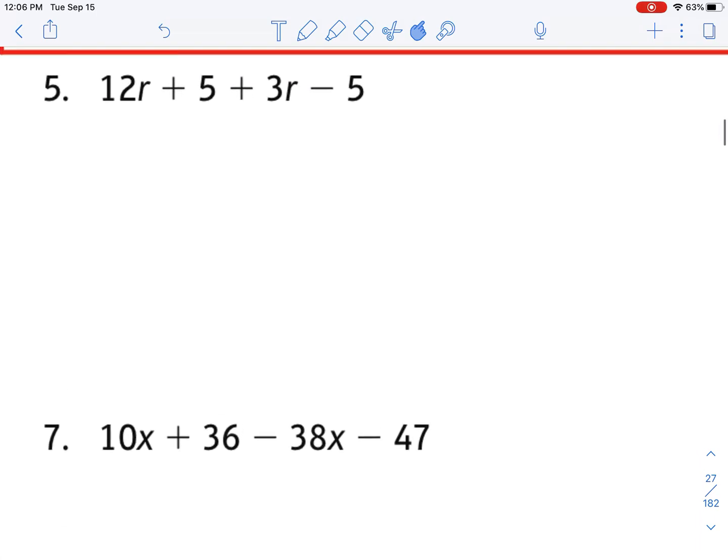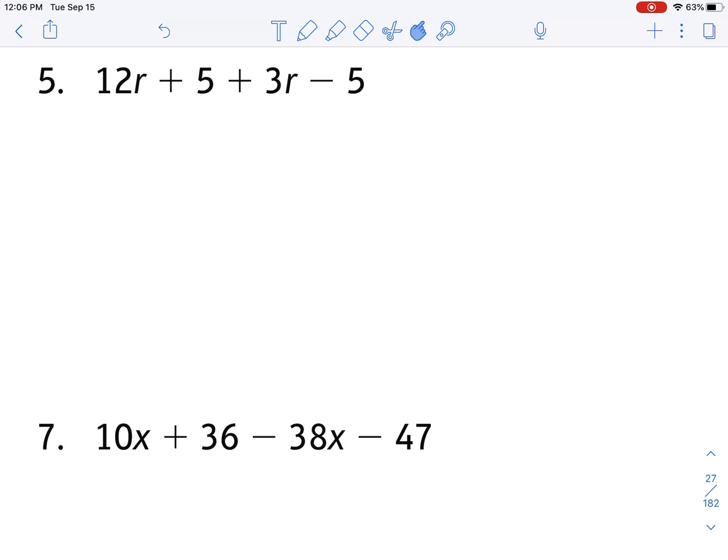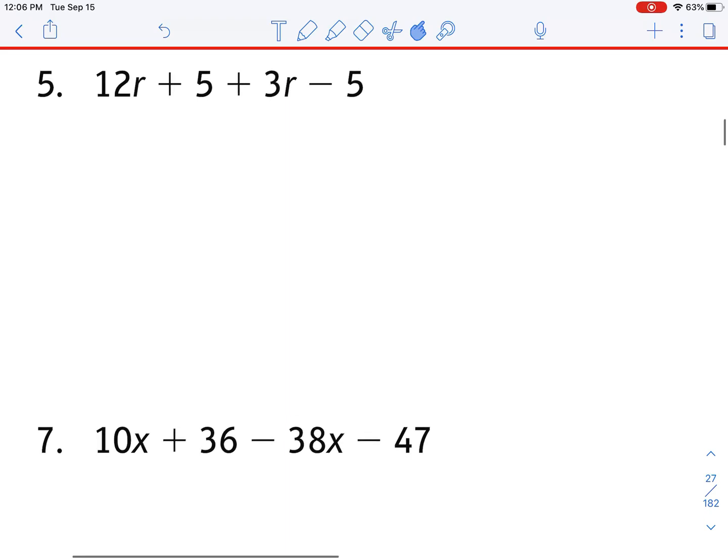So starting with number 5. On number 5, I have R's and I have regular numbers. So I'm going to combine my 12R with my 3R to get 15R. My R's should be listed first because they are the highest exponent, or they are the highest variable.